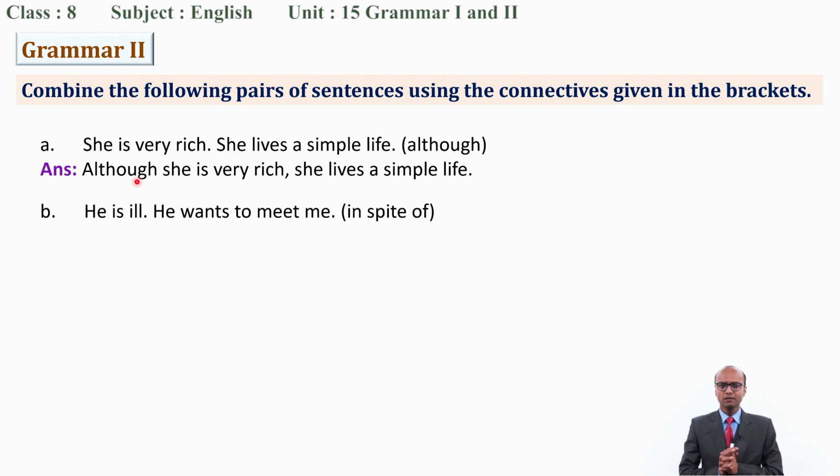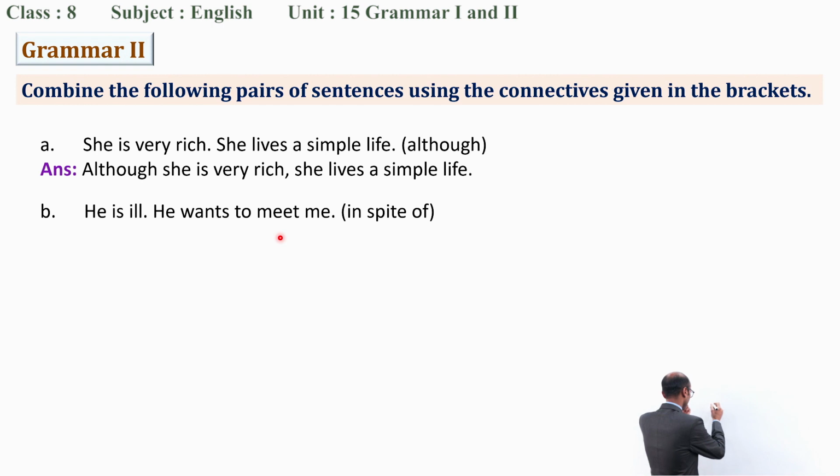He is ill. He wants to meet me. In spite of. When you use although, you just put although at the beginning. But when you have to use in spite of, you have to change the clause into a phrase.